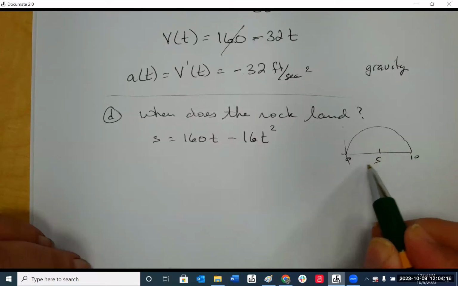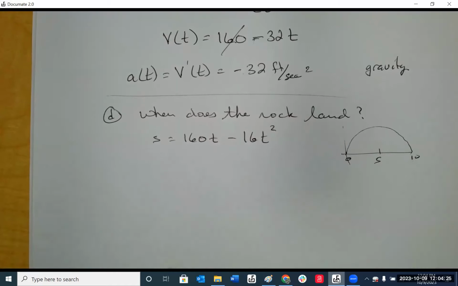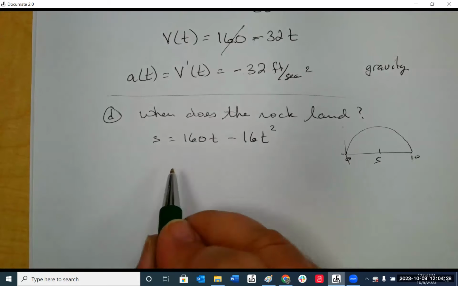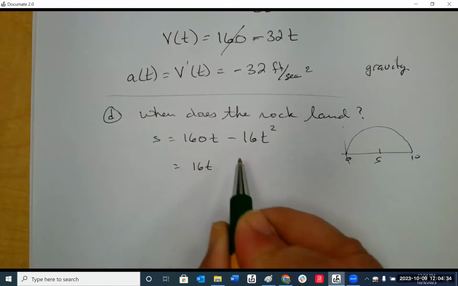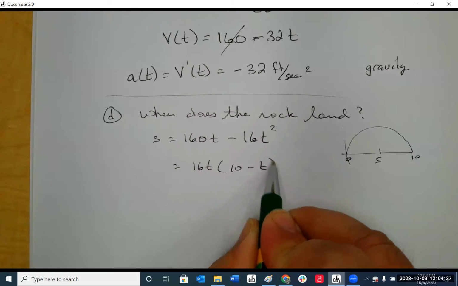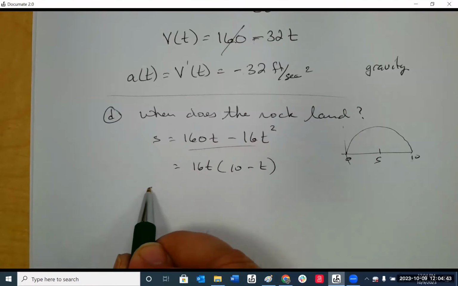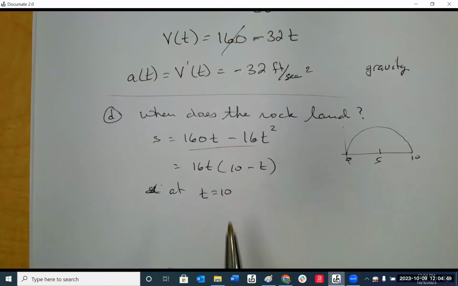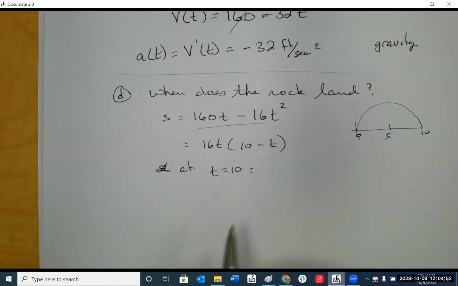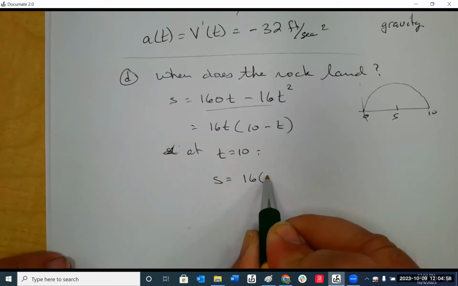That's where we found our zeros. So after 10 seconds, we'll get there. So we have 16t times 10 minus t. I can factor those out. At t equals 10, we get 16 times 10.